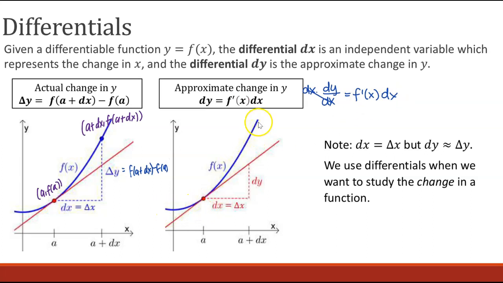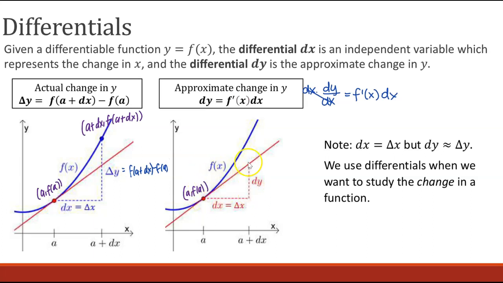So here's our function again, f of x, and here's our point on the graph, a, f of a. And now we notice that that is a point of tangency. So we have a tangent line drawn right at a, f of a. The slope of the tangent line, of course, is dy dx, or f prime of x.